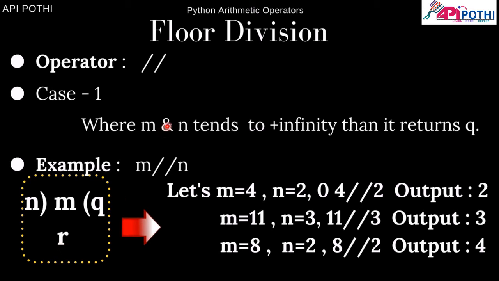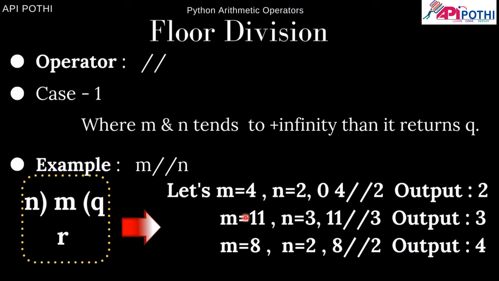So case 1 is where m and n tend to plus infinity, then it returns q, meaning m and n both are positive numbers. Where m equal to 4 and n equal to 2, for float division, the output is q only. 4 is dividing by 2 in 2 times, so here q equal to 2.